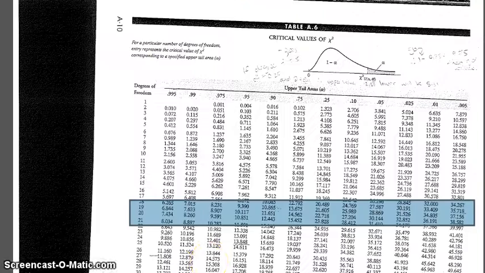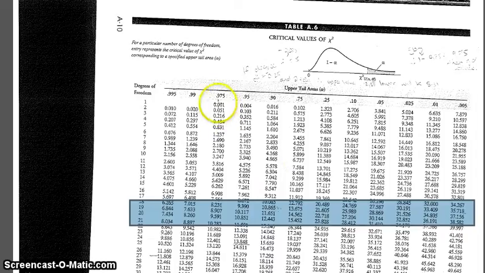If I toggle my screen and go to the chi table, I've taken the liberty of highlighting the relevant row, at 19 degrees of freedom, and we got 19 degrees of freedom by saying 20 minus 1. At 19 degrees of freedom, let's start with 0.025, which is 32.852.